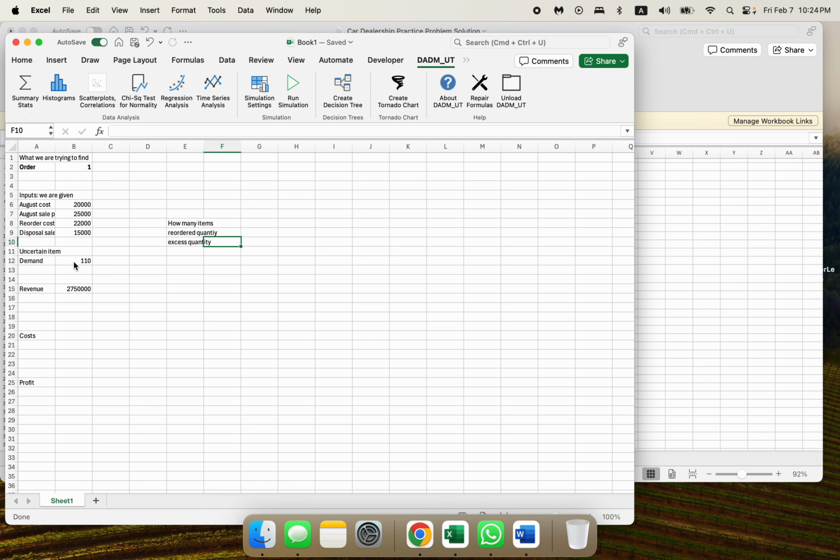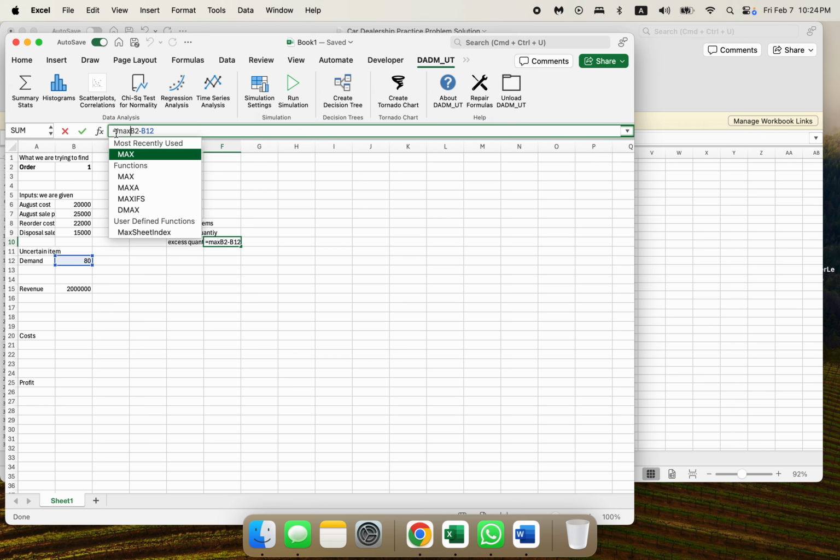If that's a positive number, then that's our excess quantity, but we can't have a negative, so it has to be a max between this and that number.